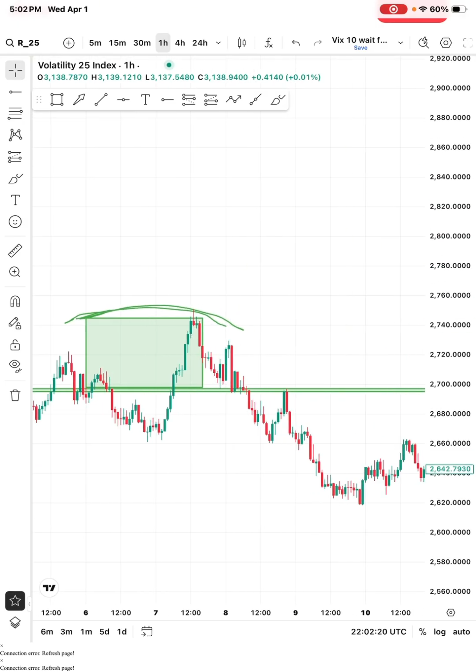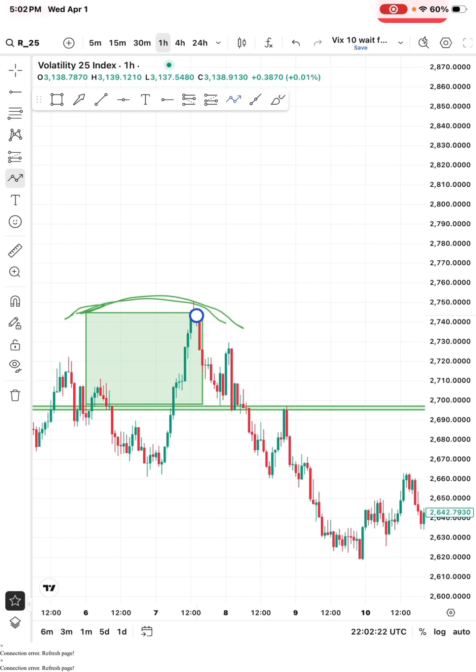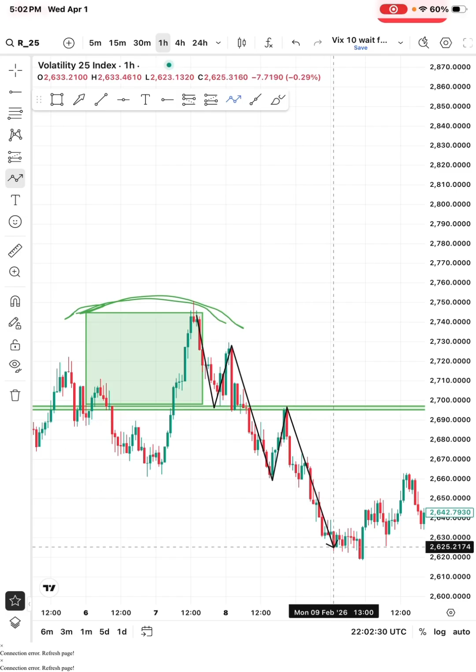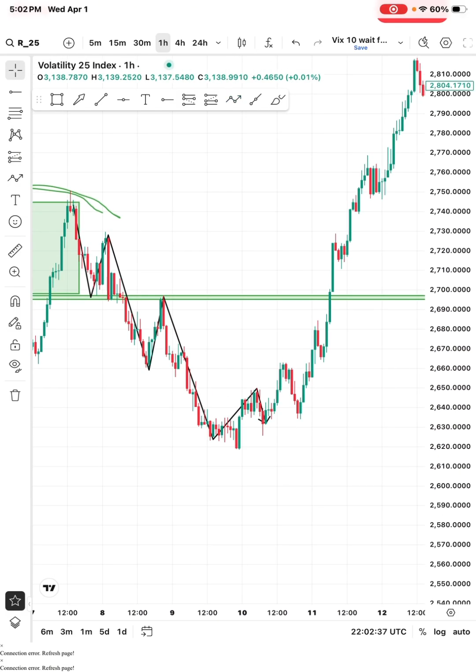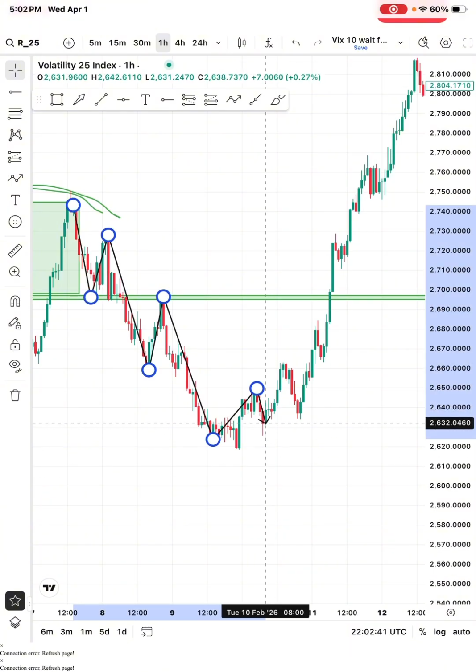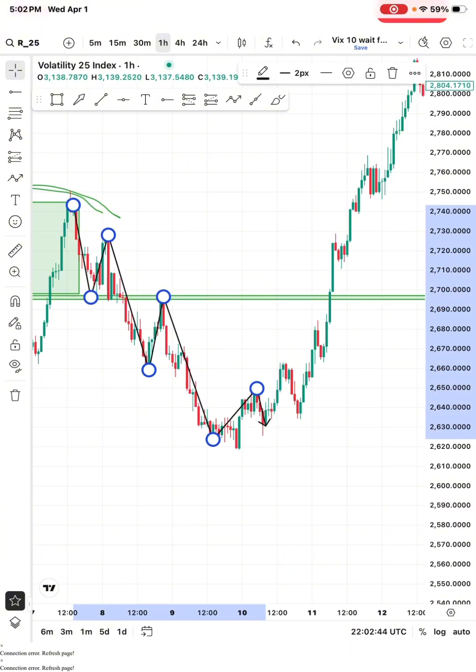So we see price makes a low, a lower high, a lower low, a lower high, a lower low, a lower high, then a higher low. Right here, when we see price don't make another lower low but a higher low, this is where my interest comes in. I say okay, the correction is now over, right?